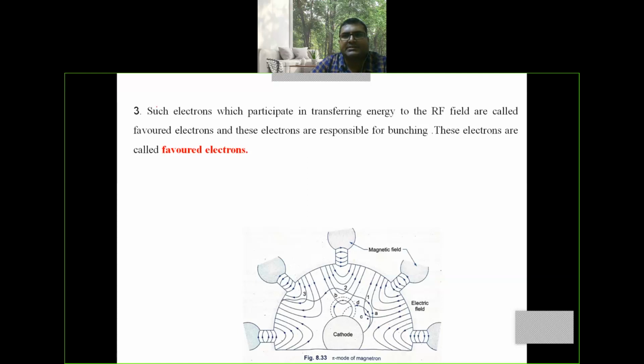These electrons are responsible for bunching. Here, the electrons A, C, and D are seen to be slowed down in the presence of RF field, and these electrons form bunching by losing energy.